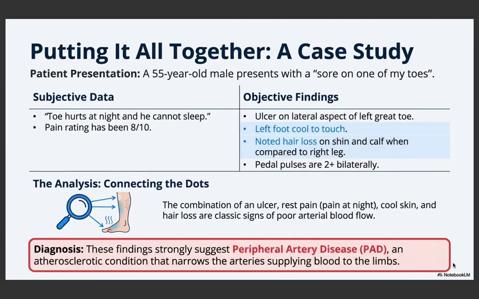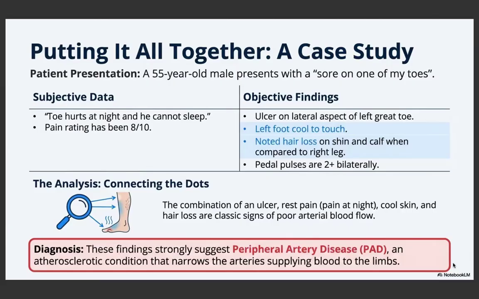It's also a sign of poor perfusion if they have, let's say, all of their hair on their calf but none of it on their shin, and it doesn't look like they had any injury or scar tissue as a reason why they don't have any hair there.